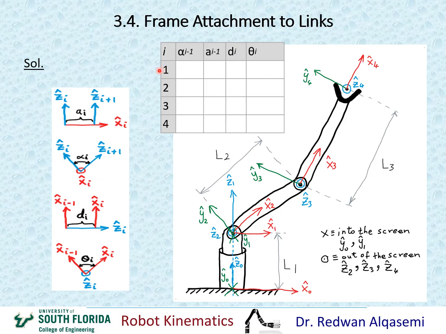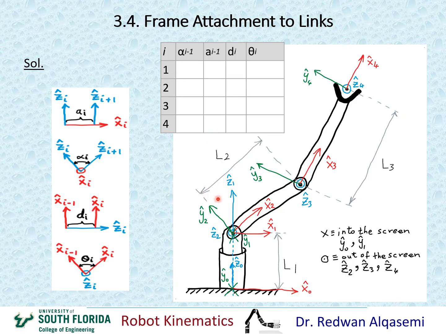Each line here is for i, and represents a link and joint pair. So when i is 1, that means I'm talking about link 1 and joint 1, so the parameters will go here. When i equals 2, that means I'm talking about link 2 joint 2 right here. And 3 for link 3 joint 3, and then 4 for link 4 and joint 4.